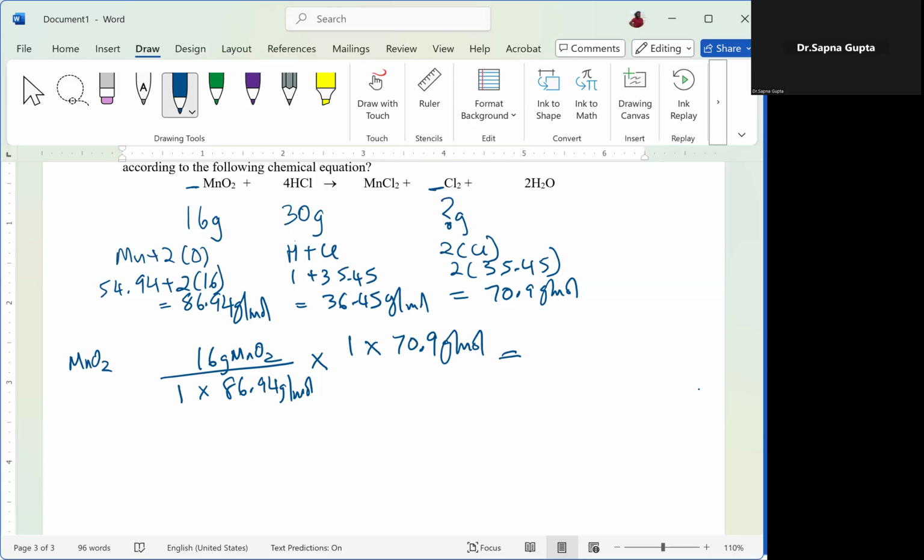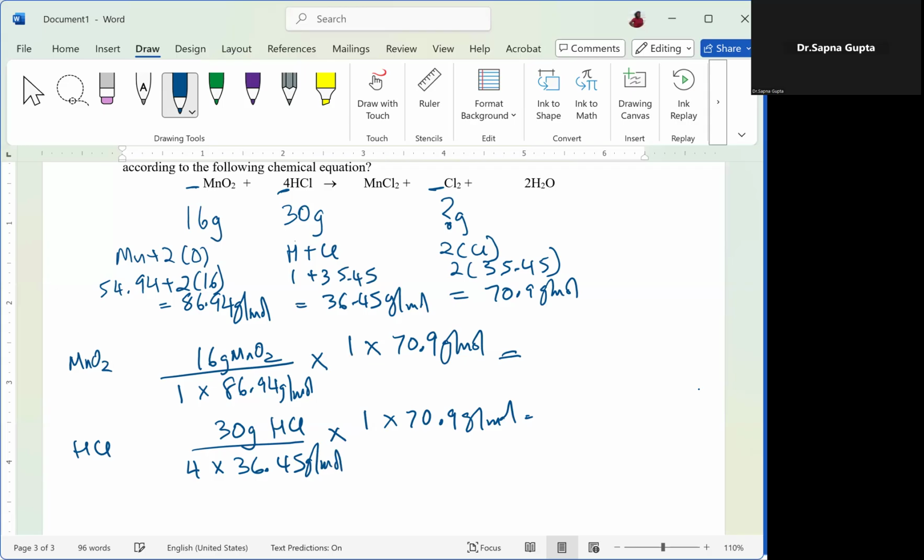Let me set up for HCl as well, and then I'll do the calculation at one time. So this is 30 grams of HCl divided by, now I have a coefficient of 4, so 4 times 36.45, times, and again the coefficient for chlorine is still 1, 70.9 grams per mole.